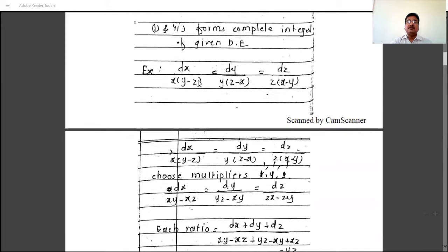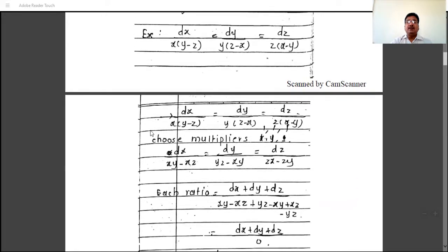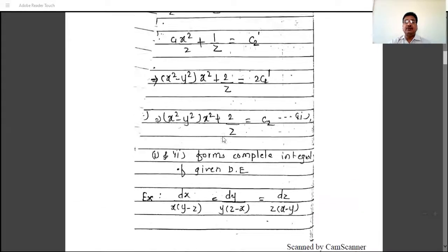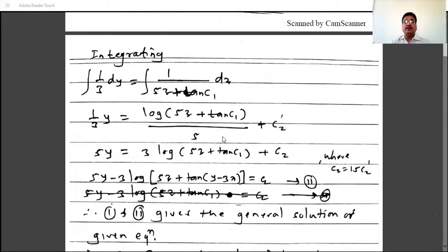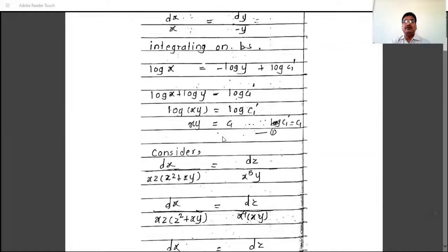The next example is dx divided by x(y minus z), dy divided by y(z minus x), dz divided by z(x minus y). And now here the second method is applicable. So what is the second method to solve the differential equation of the type dx by P, dy by Q, dz by R?